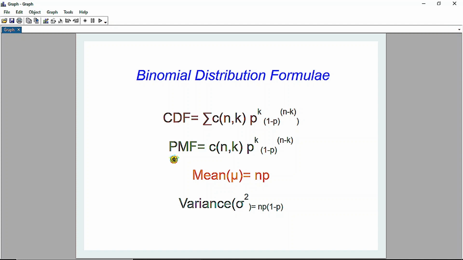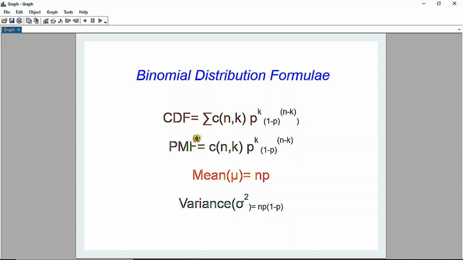To calculate the probability of k successes, we use this formula: the combination of k out of n trials, multiplied by the probability of success to the power of the number of successful trials, times the probability of failure to the power of the number of failure trials.